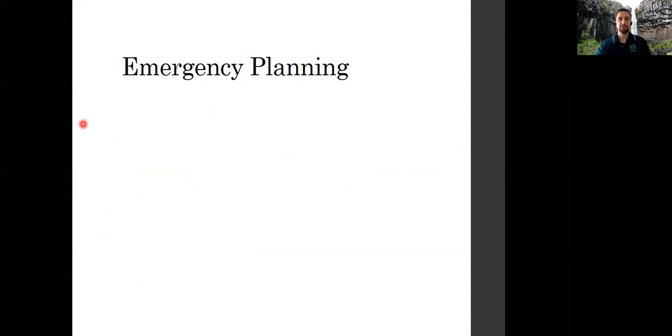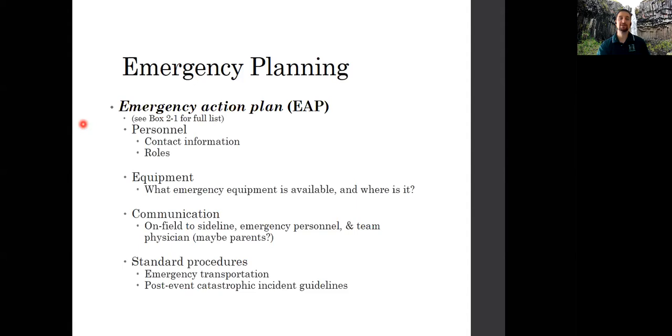Okay, so because people take classes in different order, I'm not sure how many have had KRS 419, which is administration in sports medicine. But emergency planning, whenever you're working at a clinical site or you have a job in healthcare, the single most important thing you need is that emergency action plan.